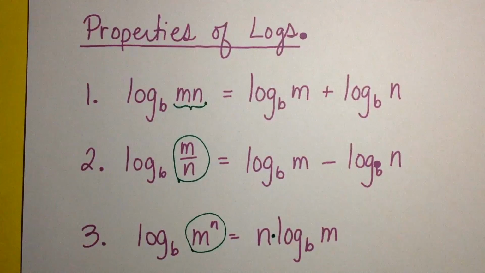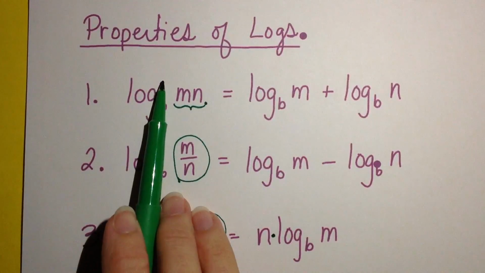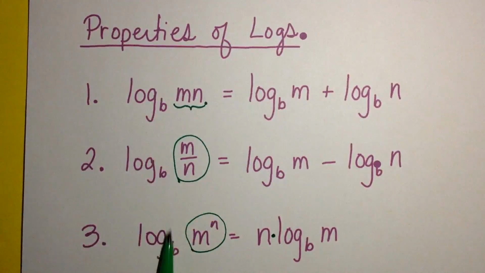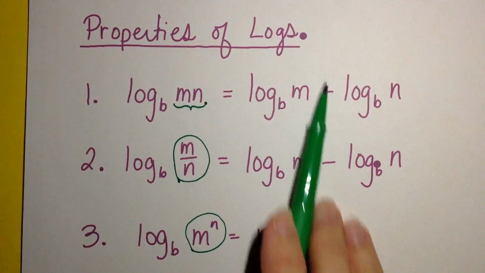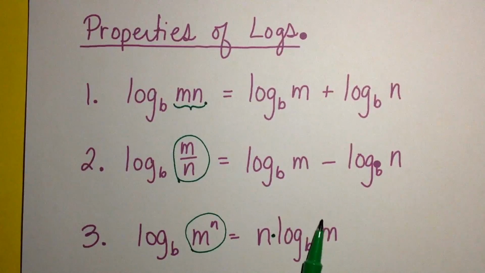We're actually going to be using these properties with two different sets of instructions. One of the instructions will tell you to expand. In that case, you'll start out with the problem looking like this, and then you turn it into a problem using these rules on this side. So that's expanding.